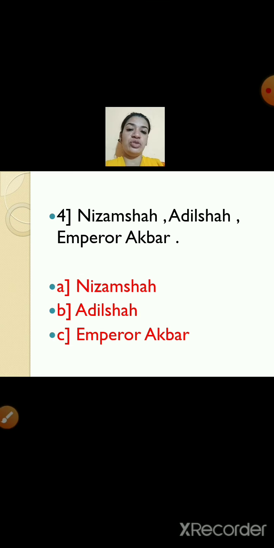And the fourth one. Nizam Shah, Adil Shah, Emperor Akbar. And the options are Nizam Shah, Adil Shah, Emperor Akbar.